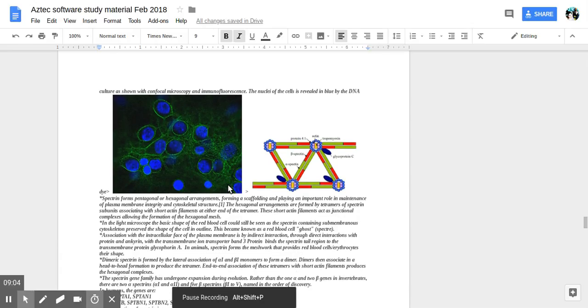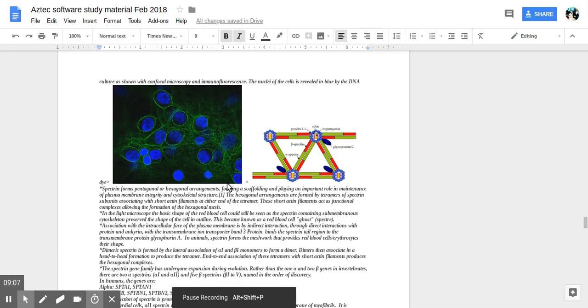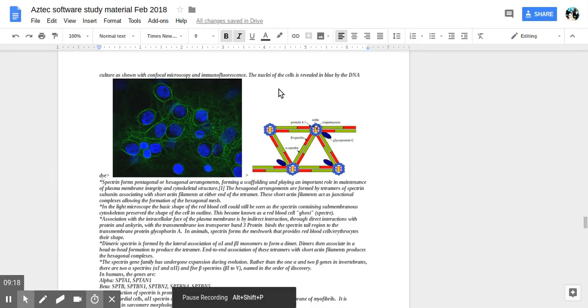Alpha 2 spectrin in green under the plasma membrane of rat neurons in tissue culture, shown here in this picture, which is shown with a confocal microscope and immunofluorescence. It looks very beautiful. The nucleus of the cell is revealed in blue, which is the DNA, stained with a dye. And I believe the green is the spectrin.